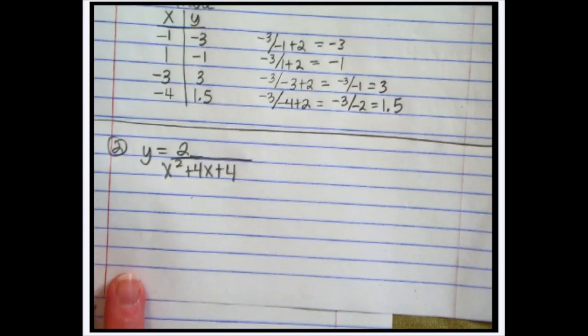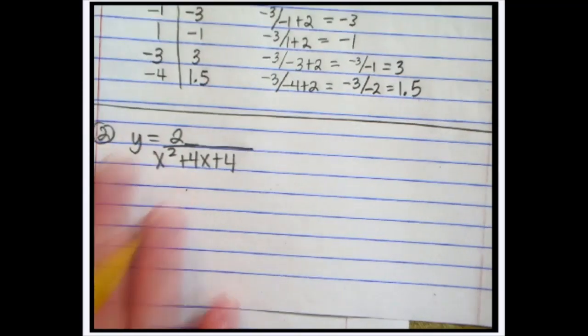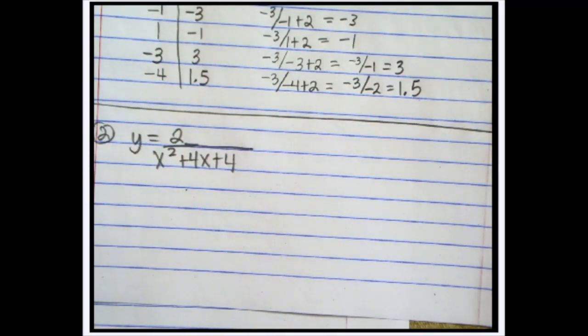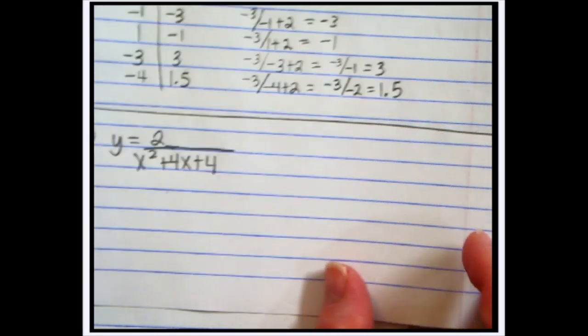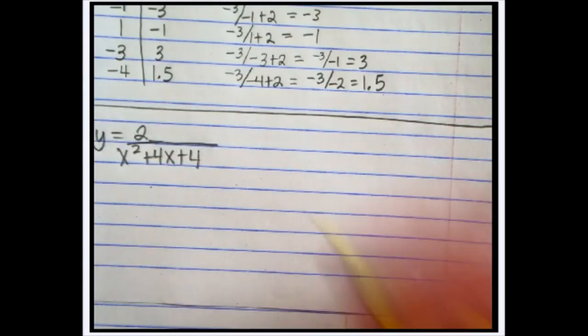Now this one, since we have an x squared on the bottom, we may not be as confident as what it looks like. We know it has some branches probably, but it doesn't necessarily have to be a hyperbola like we saw before. When we looked yesterday, when we had x squareds, we did have 2 branches, but they tended to be in the same direction. Okay, and so let's go ahead and see what you got for that.